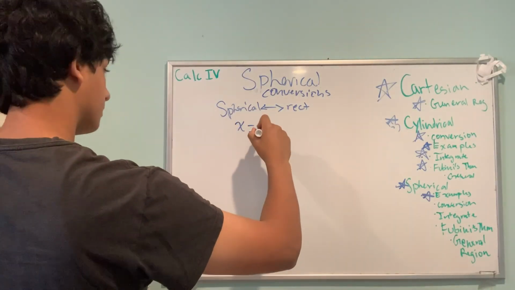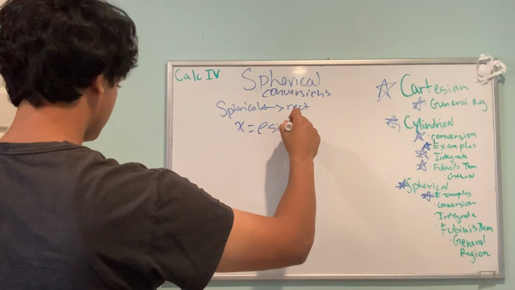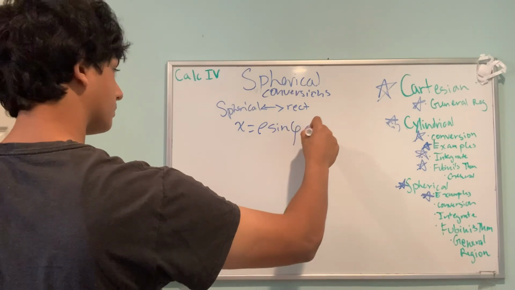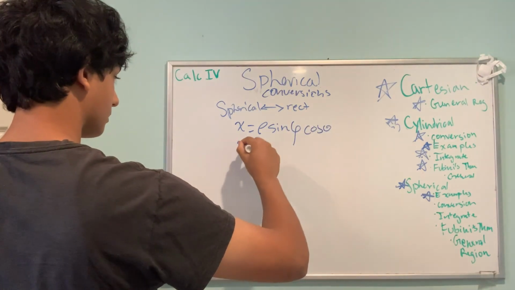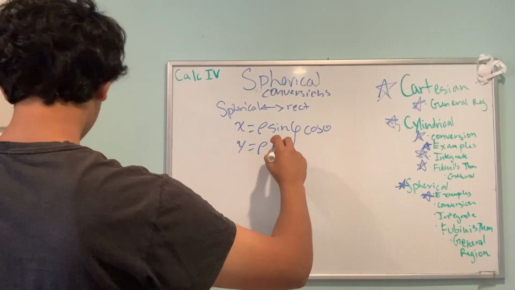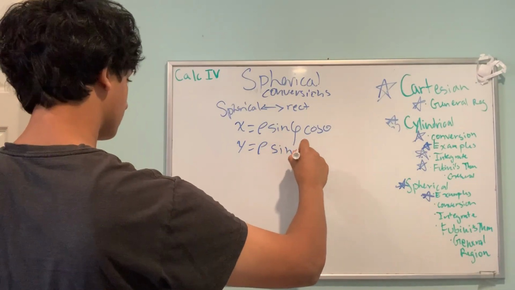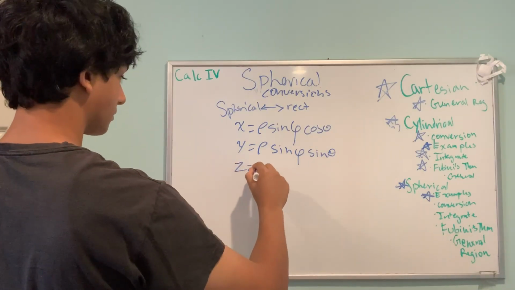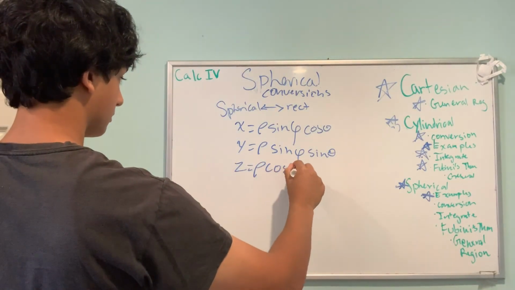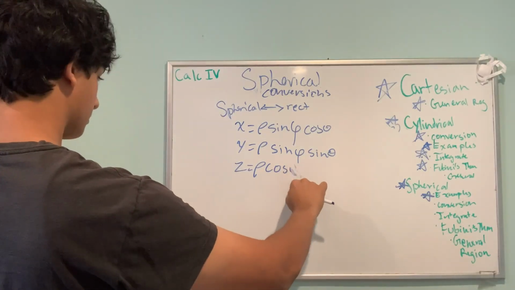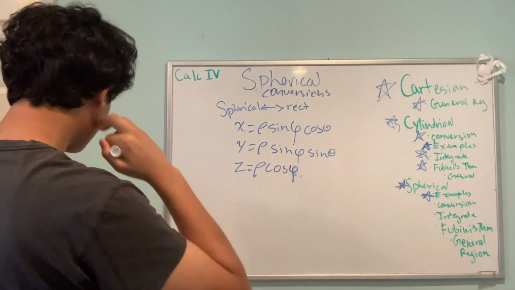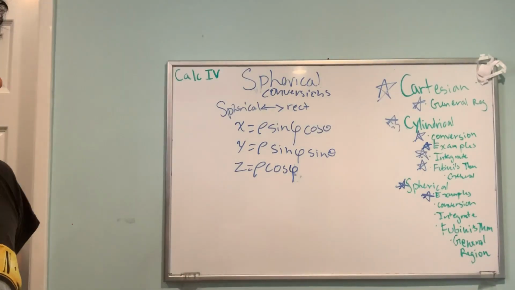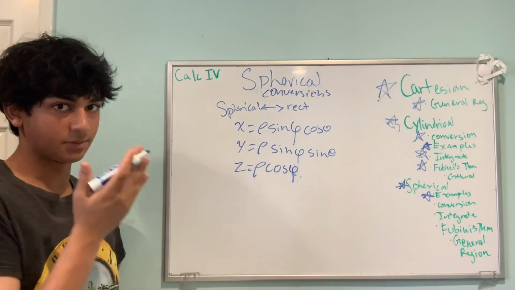X equals... these are how you get from rectangular to spherical.